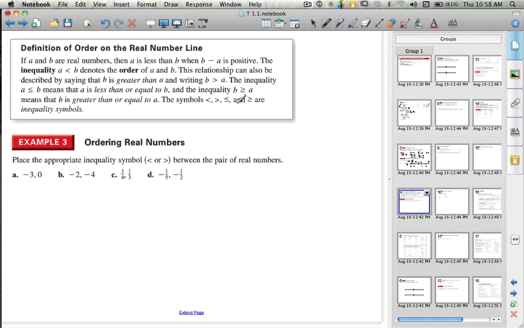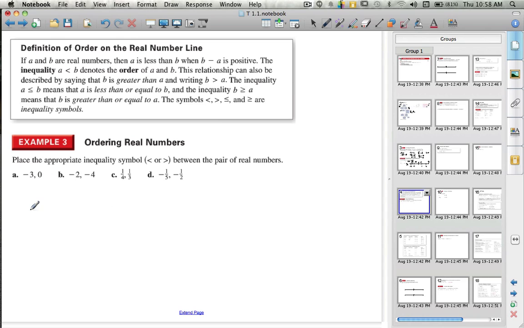Okay, if you move through, again, more of the same. If we wanted to go ahead and look at where do these items fall in the order on the number line, remember something is less than something else if it's to the left, it's more than something else if it's to the right.